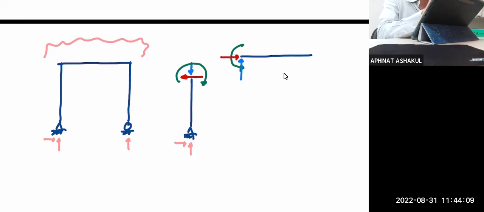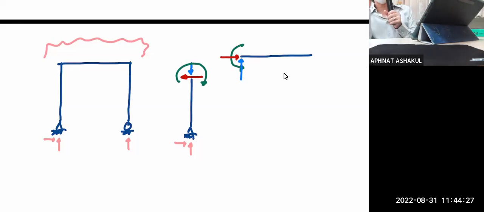And now you may carry the external force to the opposite end to get the internal forces at another joint.